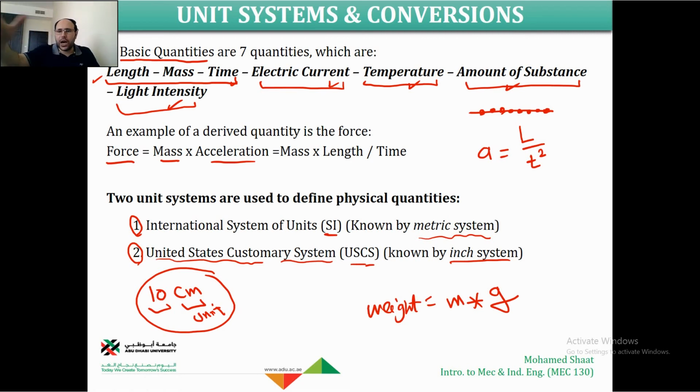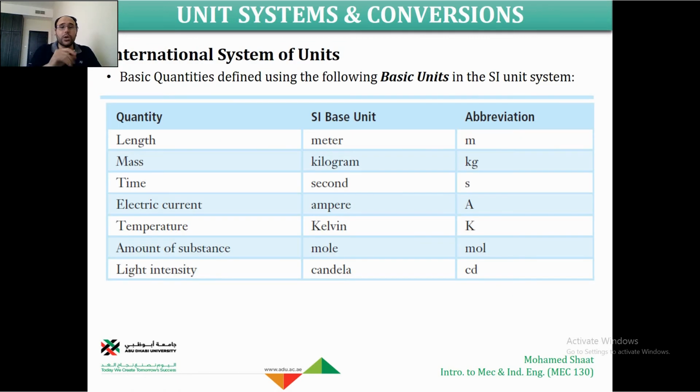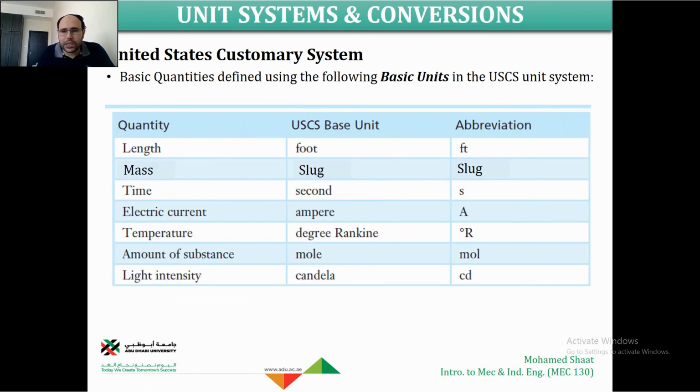The same thing applies for the other physical quantities, these 7 basic quantities. So let us see how these basic quantities are described in the SI system first. Then I'm going to show you how the same 7 quantities and their units work in the US unit system.